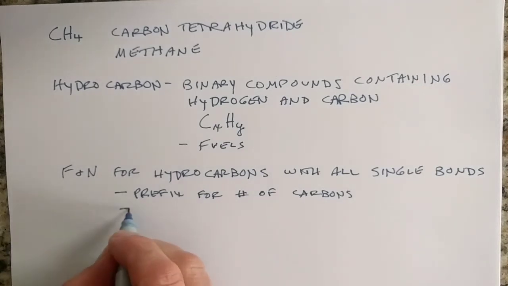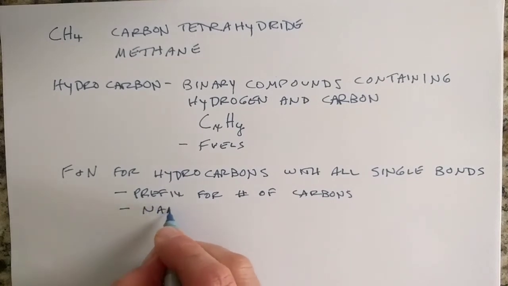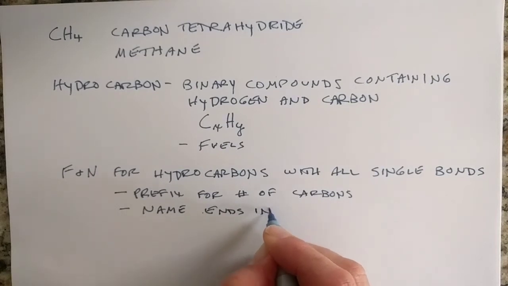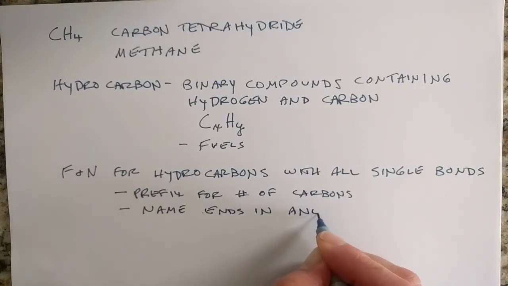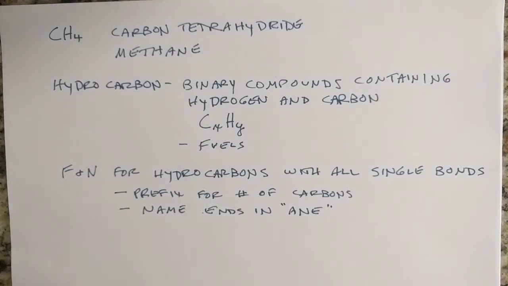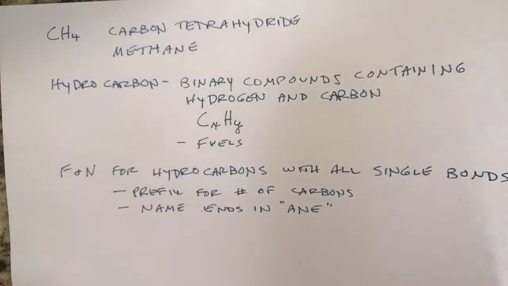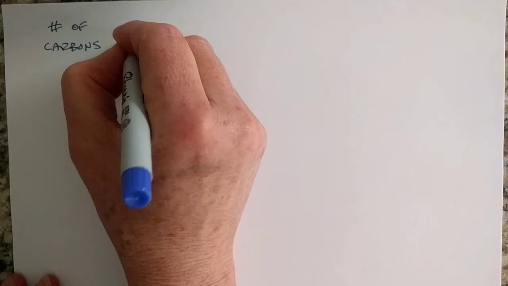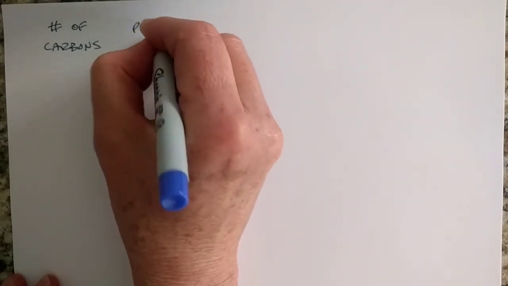And the name ends in ANE. Name ends in ANE. Okay. So let's take a look at these. All right, so we're going to look at the number of carbons, and we'll look at the prefix for that number of carbons.